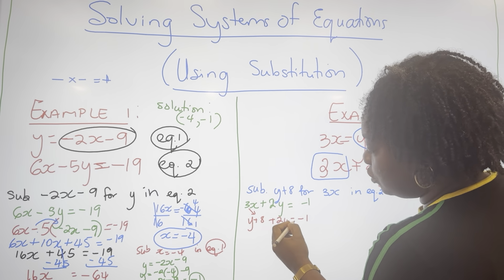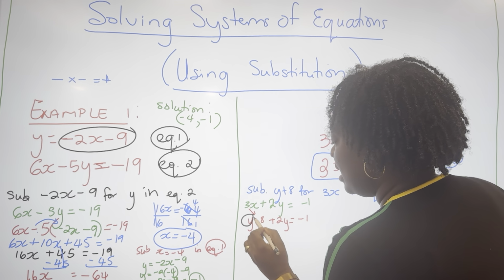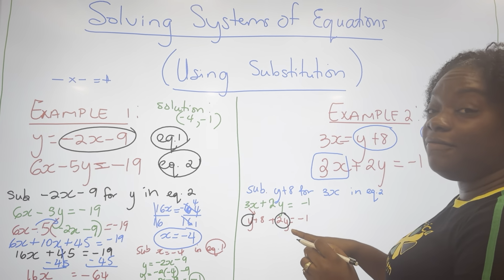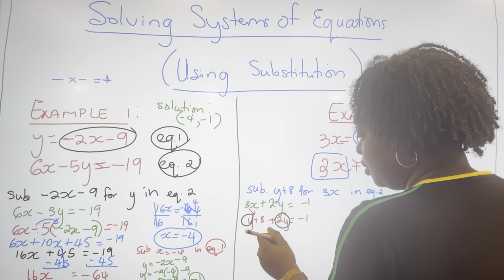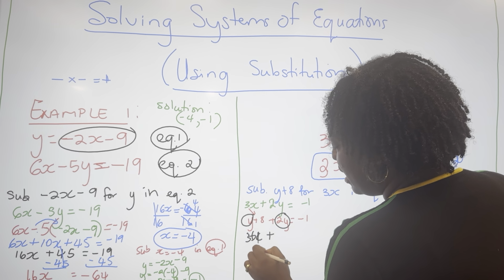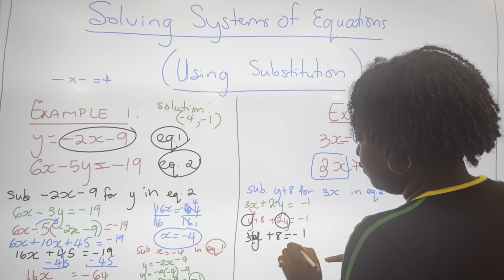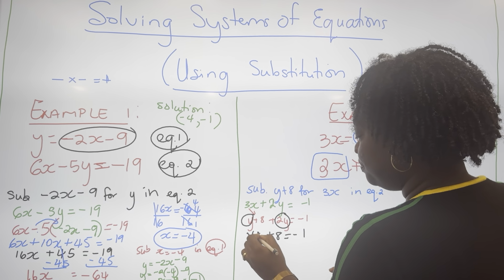Good? So these two I can combine because they're like terms, meaning they have the same variable raised to the same power. So that's 3y, plus 8 equals negative 1. Now, remember, I'm trying to solve for y, so I'm trying to get rid of everything else.